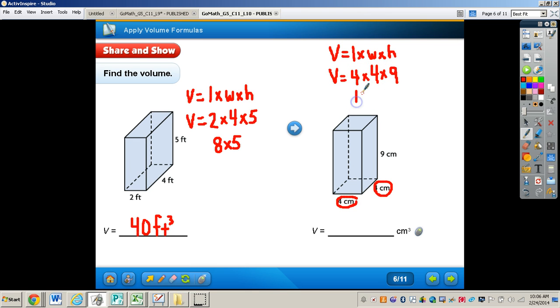That's going to give me 16. Then we're going to multiply that 16 times 9. And that is going to give me 144 centimeters cubed.